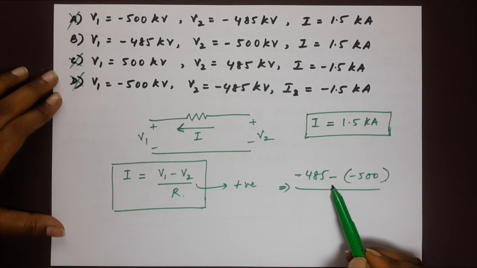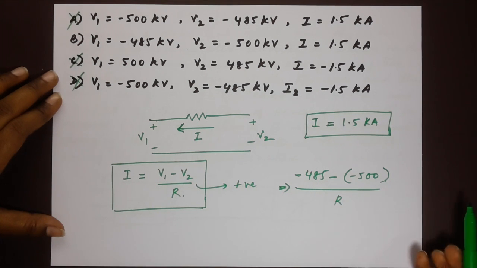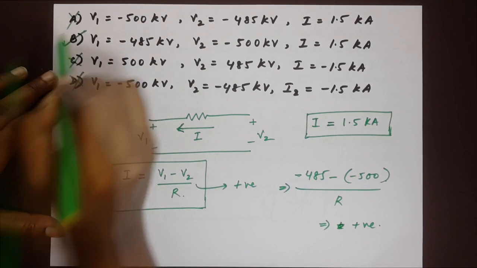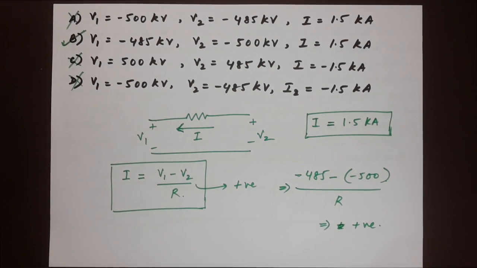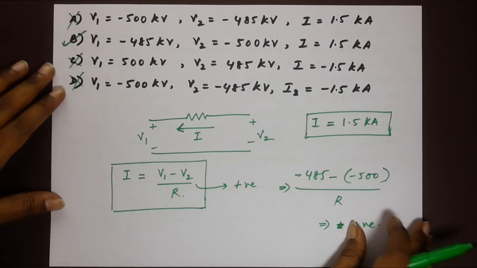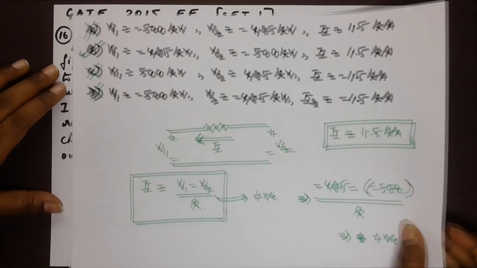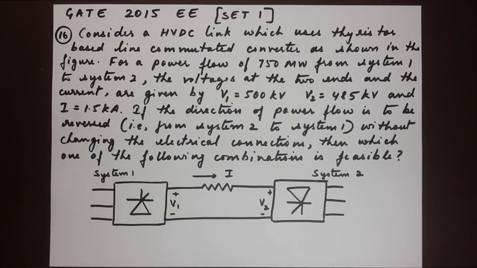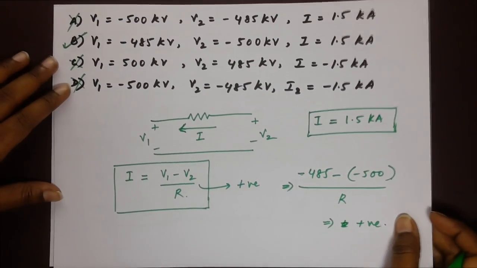So, minus of 485 plus 500 will give us a positive value, which means that option B is the right combination. So, those are the feasible values of voltages for this system given to us when the power flow has been reversed from system 2 to system 1.